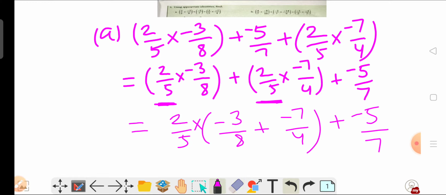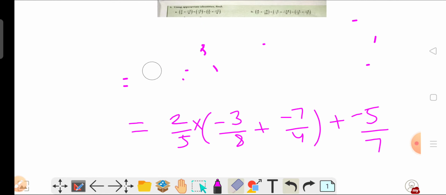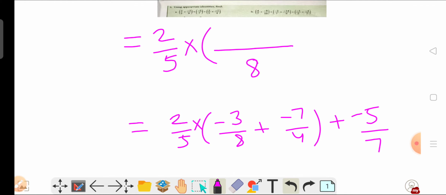Now firstly we have to add these numbers, and then multiply the resultant of the addition by 2 by 5. To add these numbers, firstly we take the LCM of 4 and 8. Clearly the LCM will be 8. So our question becomes 2 by 5 multiplied by 8 as the LCM.